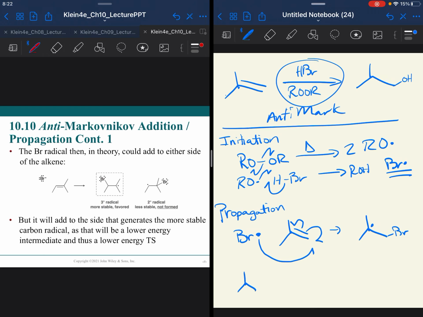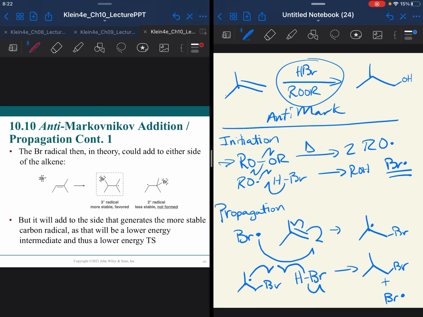And then when that radical comes into contact with the HBr, we get another hydrogen abstraction, and the hydrogen goes on second. Then we wind up making more bromine radical. Well, we make our product. We make more bromine radical, and that bromine radical can react with another molecule of alkene, right?